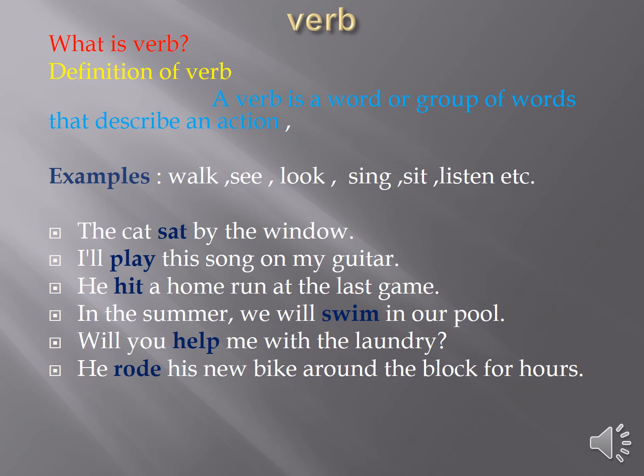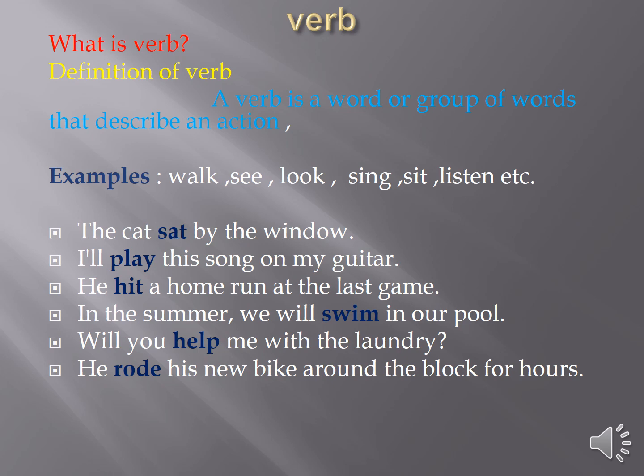It means it is also a verb. Next: he rode his new bike around the block for hours. What the example is: he rode his new bike around the block for hours. So "rode" means what, children?